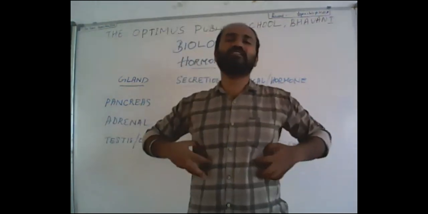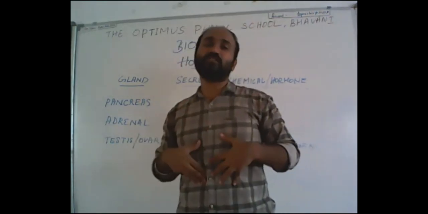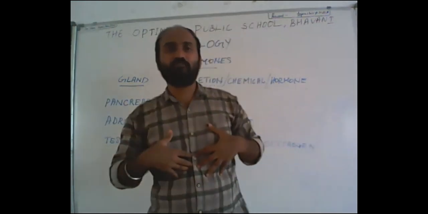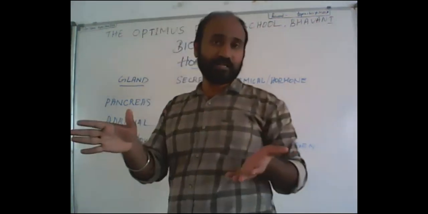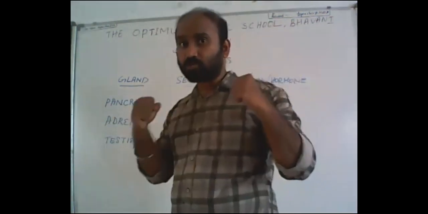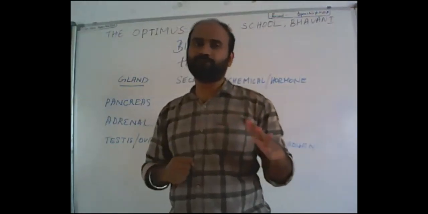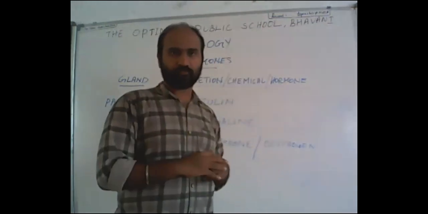Actually, when muscles expand, they block the artery which carries the blood towards the digestive system and skin. So the supply of blood is limited towards the digestive system and skin, and that blood is diverted to the muscles. Why? Because muscles need more energy at that time. So the adrenal gland releases adrenaline for this particular function.